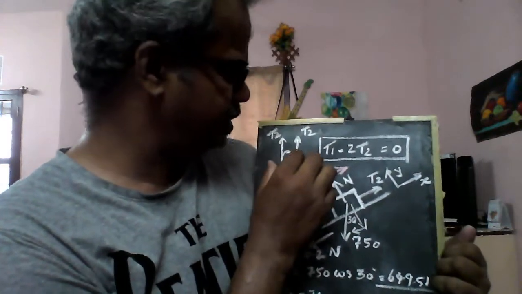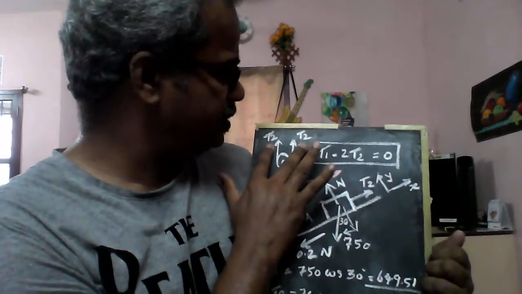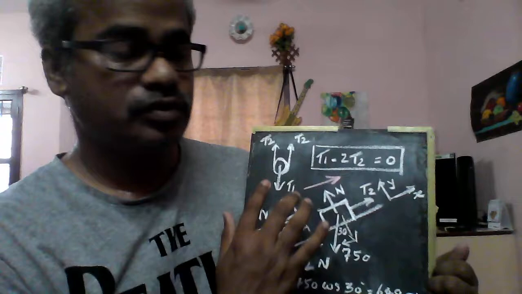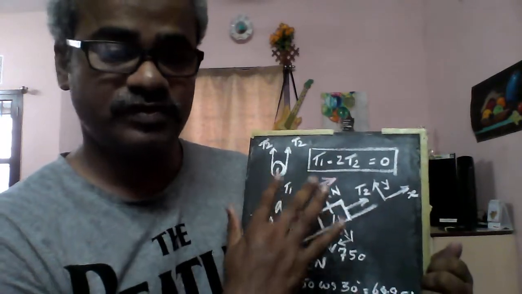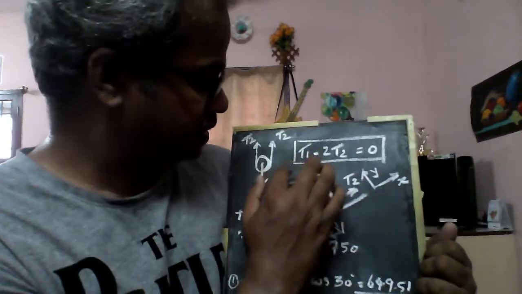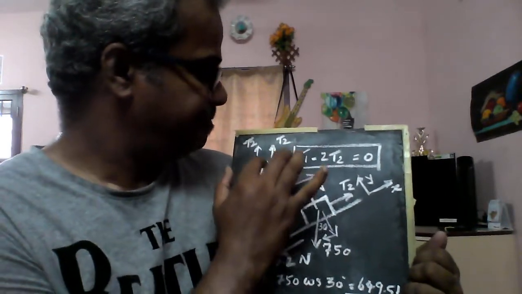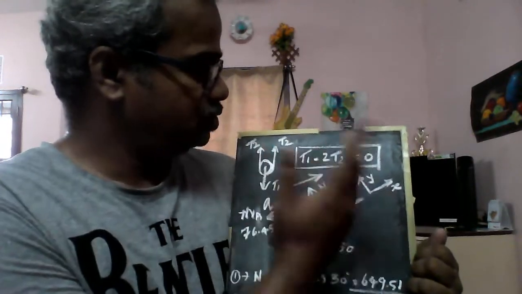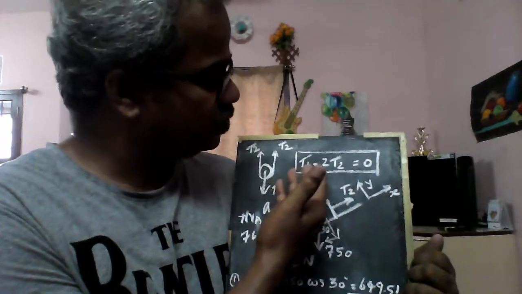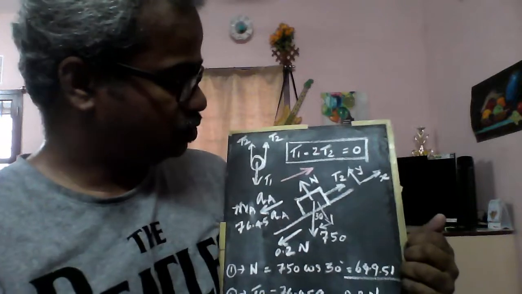In this pulley, downward there will be a tension T1, upward there will be a tension T2 on both sides. So I can write an equation: 2T2 minus T1 equal to 0. I can write it like this: T1 minus 2T2 equal to 0. Both are the same. So T1 minus 2T2 is equal to 0.